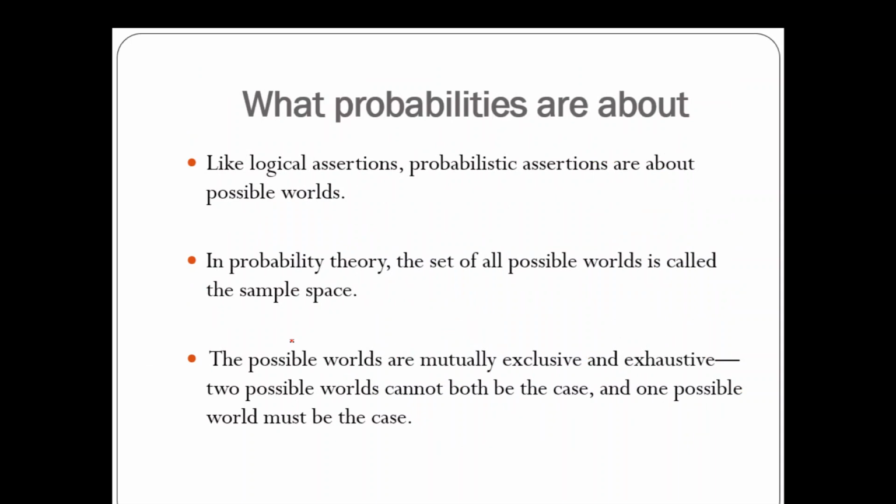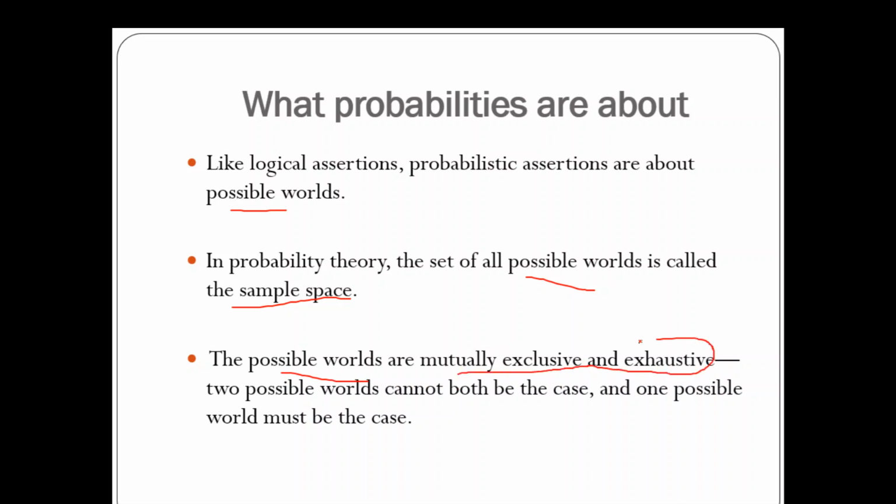Right. Now let us have a brief look at probabilities. Like logical assertions, probabilistic assertions are about possible worlds. So in probability theory, the set of all possible worlds is called the sample space. Normally in AI we call it state space, whereas in the world of probability, the set of all possible worlds is called the sample space. Okay, and these possible worlds are mutually exclusive and exhaustive.